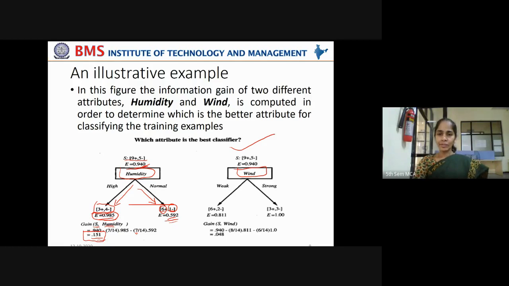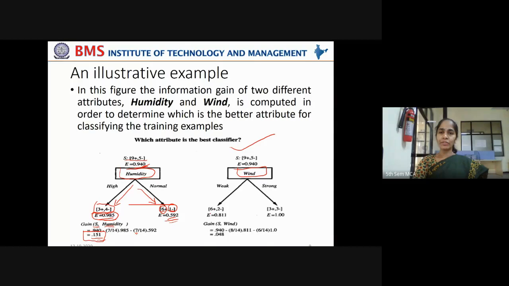Okay, now you're taking this wind here. Now when the wind value is weak, how many training examples have wind value as weak? 8 training examples. How many of them are positive?